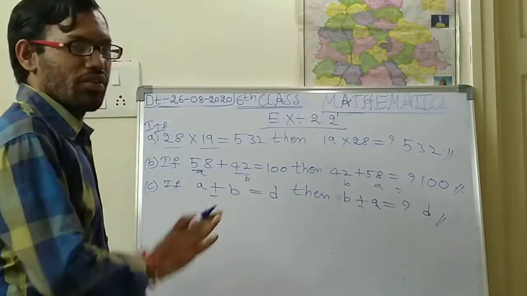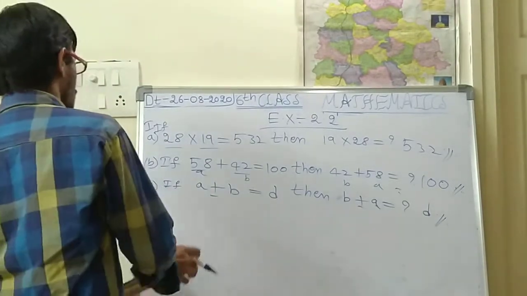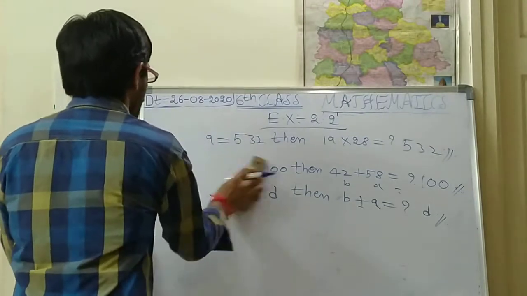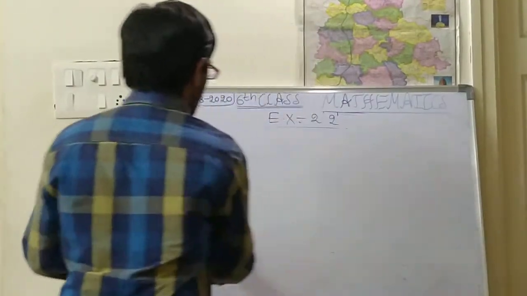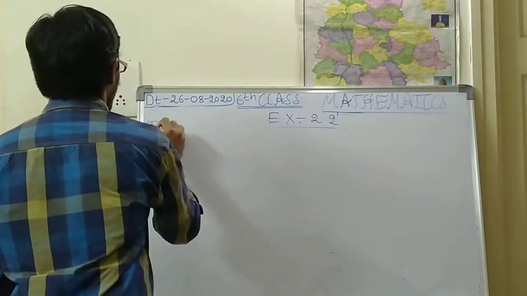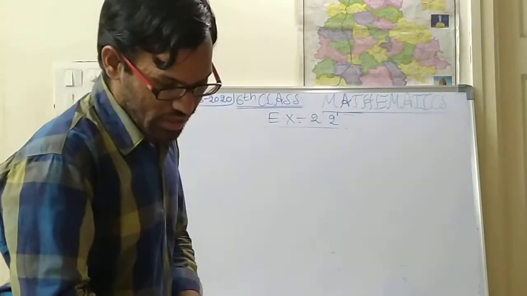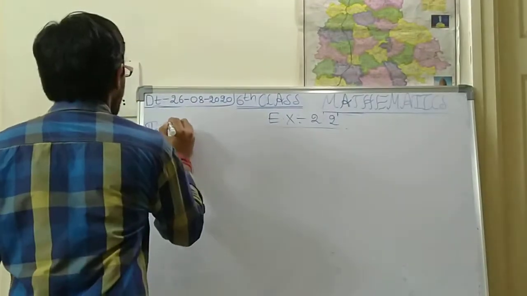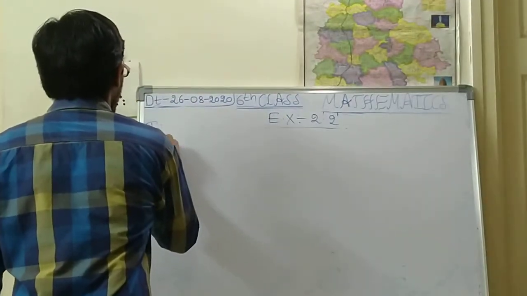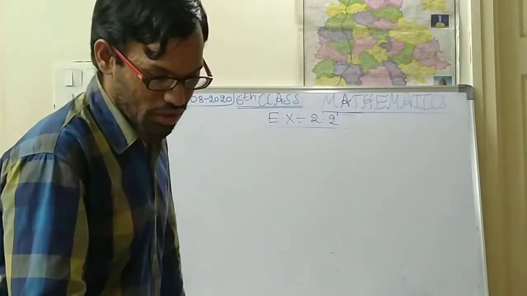I think you have understood very easily. Next we shall go with the second bit in this exercise. What is the second bit? Find the sum by suitable arrangement. So you should do some sort of arrangement.